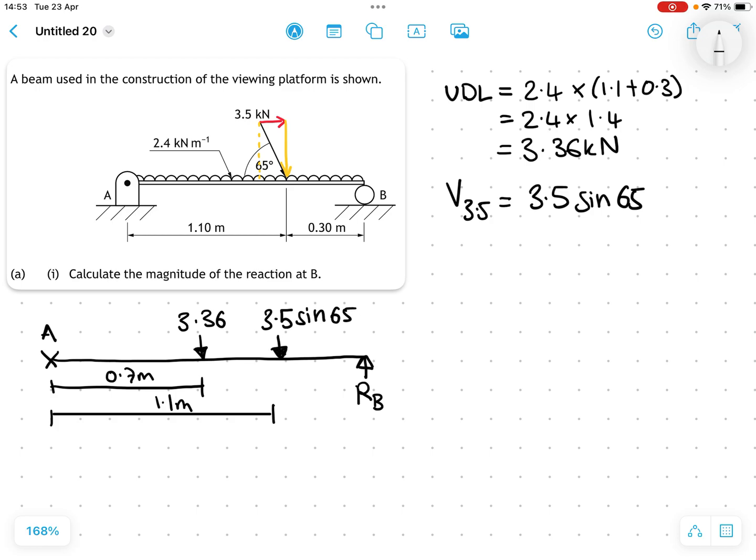I already know that RB is acting the whole distance away from A, so that's 1.4 meters away.